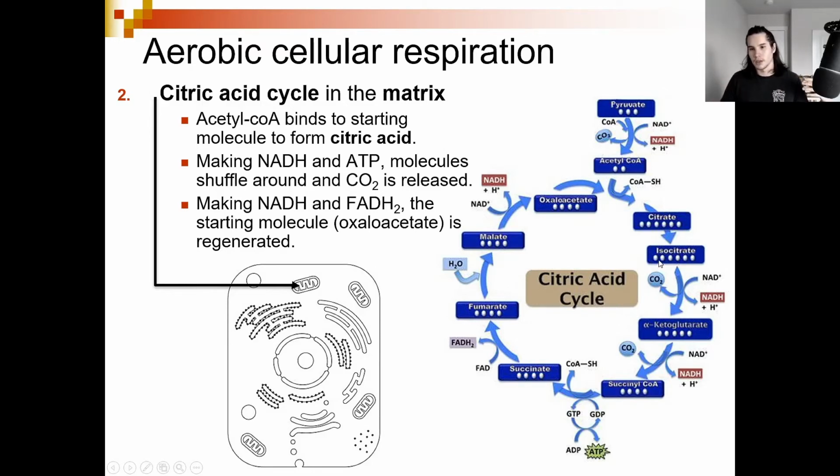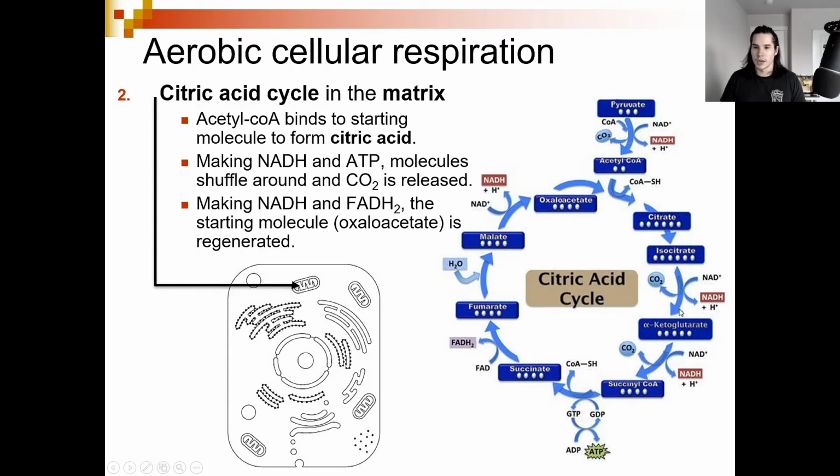The atoms within citrate are shuffled around through an enzyme. We make isocitrate, so iso probably implying isomer. It's an isomer of citrate. And then we continue with this citric acid cycle. Cycle because what we start off with is actually what we end with.